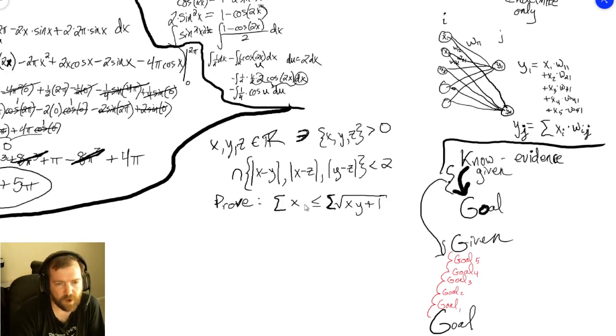So what might be some small goals for this one? I've never actually seen this problem before, so this is going to be an interesting one. I have no guarantee that I'm going to be able to solve it.